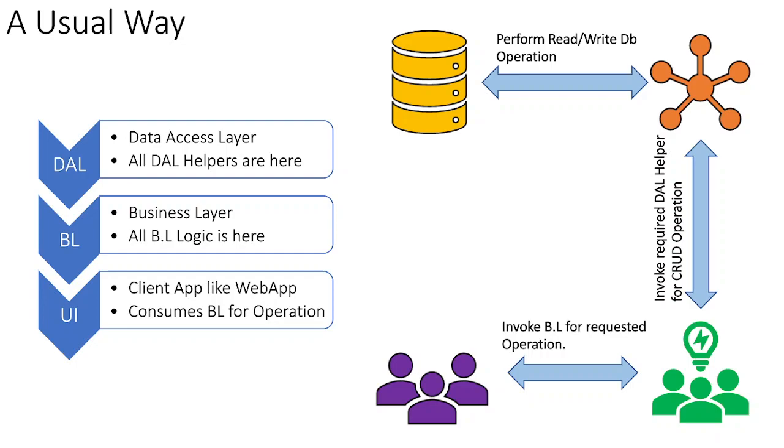I mean all the code required to perform database operations like writing to the database, reading from the database, updating a particular record, deleting a record, or batch update, batch delete, or batch insert. All those database-related logic would be written in the data access layer, and all your business logic will reside in the BL layer, that is, the business layer.